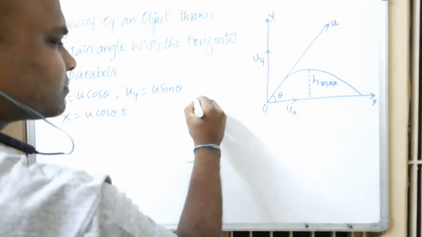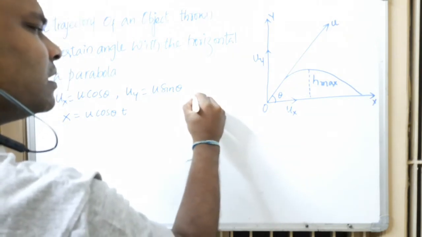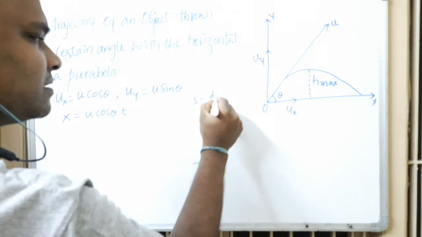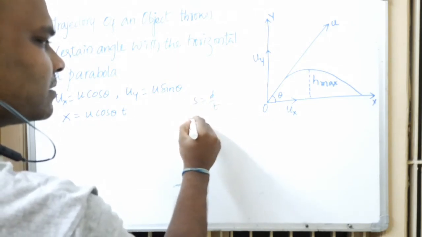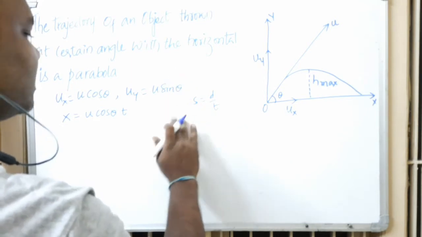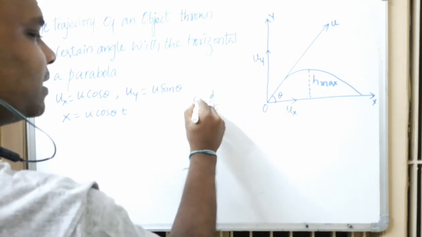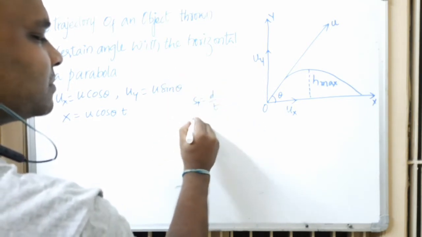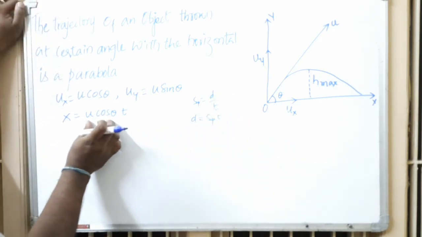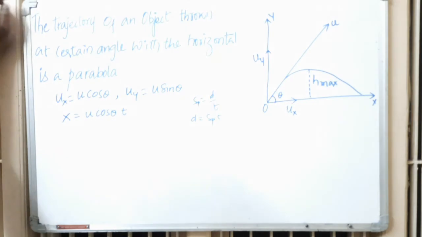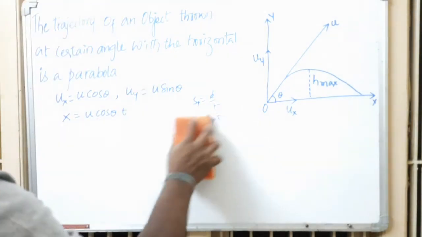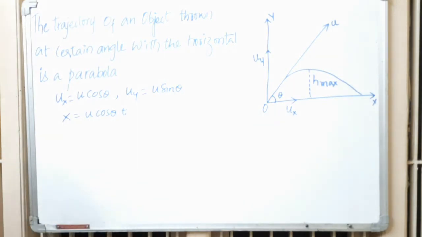You know, speed is equal to distance by time. So distance is equal to speed into time. In the same way, this is what we have taken.